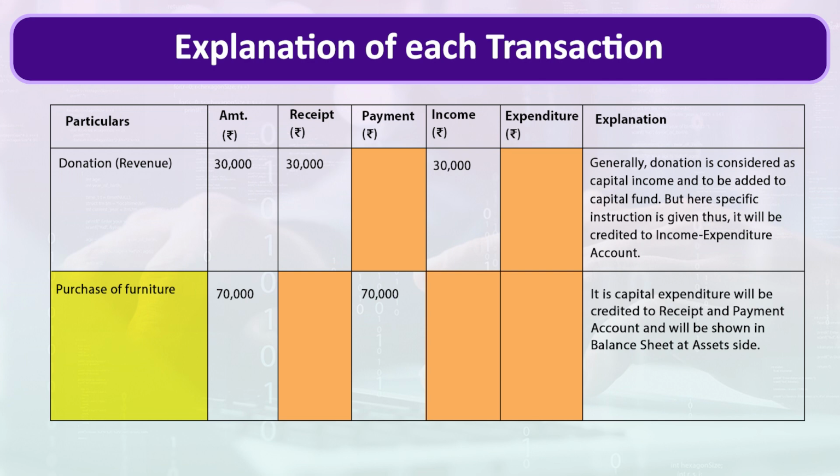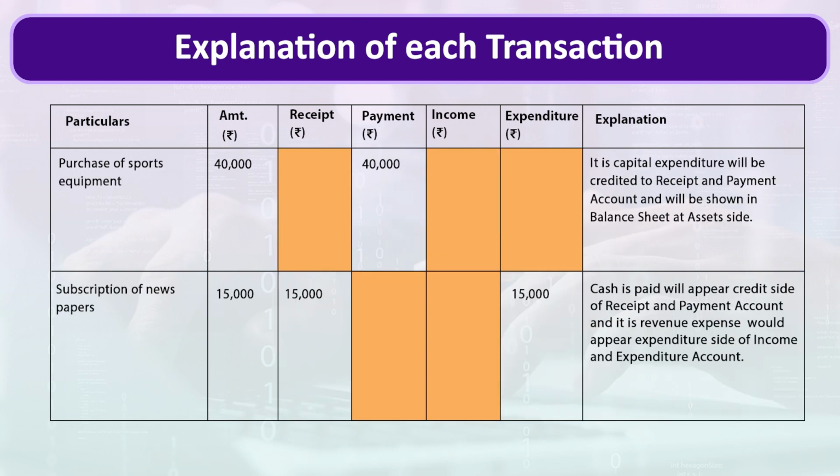The purchase of furniture, the amount of which is 70,000 rupees, is considered as capital expenditure and will be credited to receipt and payment account and will be shown in balance sheet at the asset side. Moving ahead, there is purchase of sports equipment amounting to rupees 40,000.